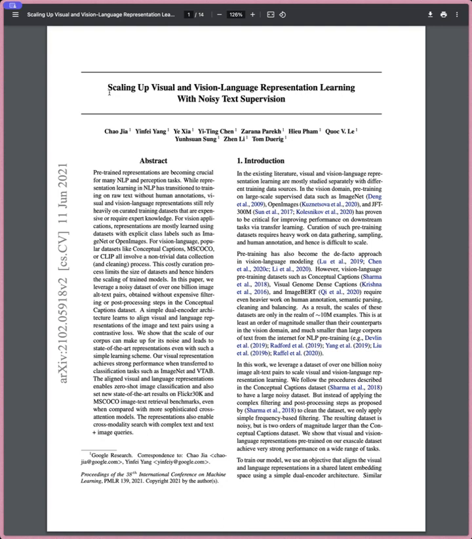Whereas Align, this paper, they basically scraped the entire internet for image text pairs, where they take the text from the alt text of images on the internet. Any image you can add an alt text, and some of them are informative, some of them are noisy. So they did do some filtering to filter out instances where the text is obviously not informative or garbage or offensive and so on.